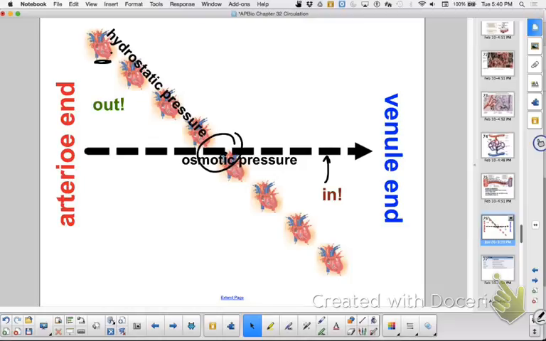It's stronger at the arterial end of the capillaries, and it forces nutrients and oxygen out. The osmotic pressure is due to the contents of the capillaries. It is stronger than the hydrostatic pressure at the venular end of the capillaries, and it draws waste and carbon dioxide back in.